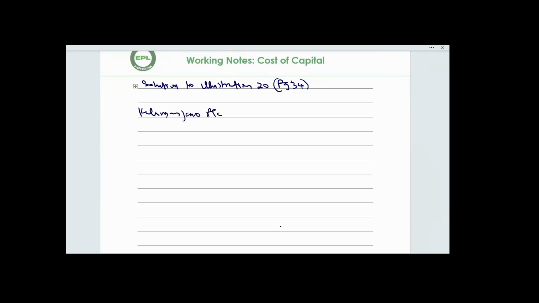Requirement number 1: calculating project-specific cost of capital.